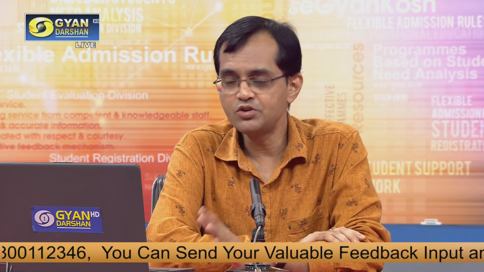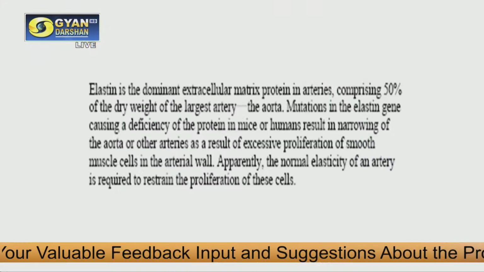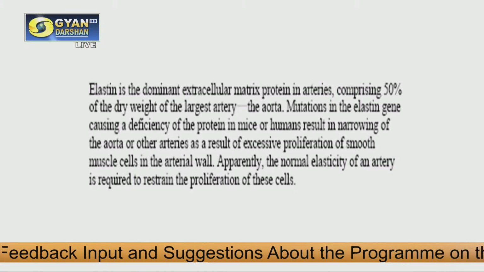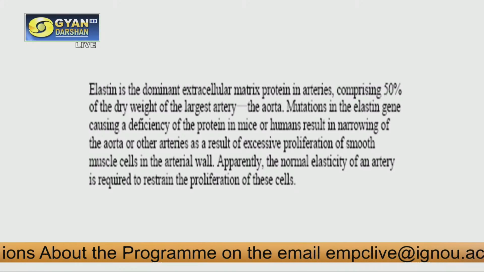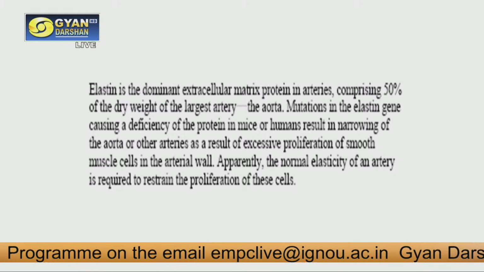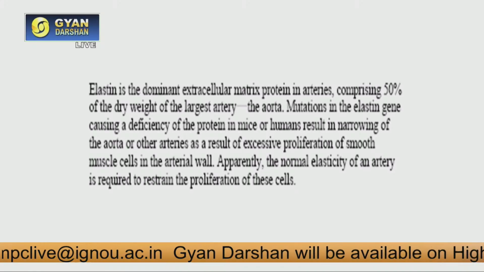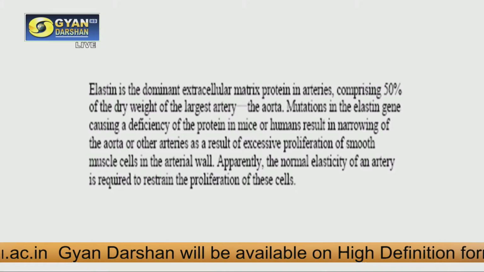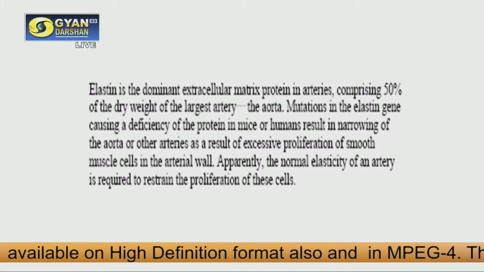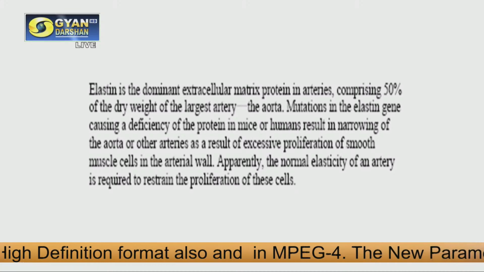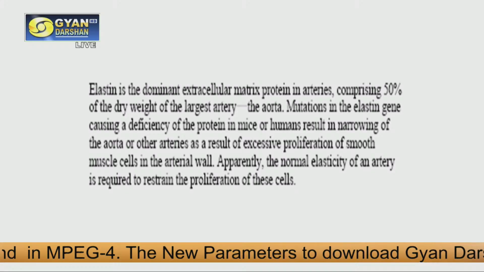If there is a mutation in this elastin gene, as they have experimented in mice, or even in humans, it causes a deficiency of the protein, resulting in the narrowing of the aorta or other arteries as a result of excessive proliferation of smooth muscle cells in the arterial wall.